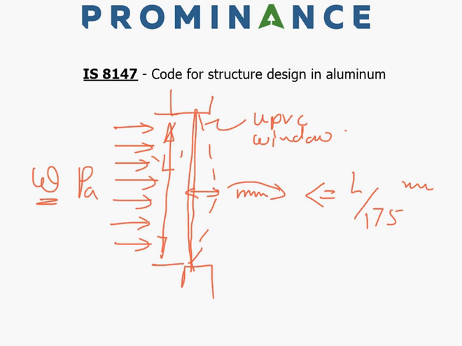Now what is the property which determines the strength of a profile? We call that the flexure strength, since this is flexing in this particular direction. So what we are considering is the flexure strength across this section. Let's discuss what the flexure strength is in a nutshell.